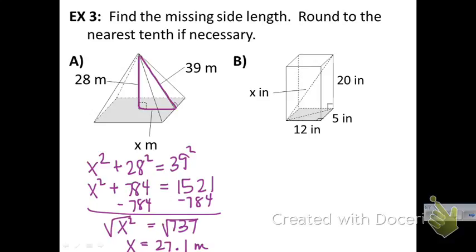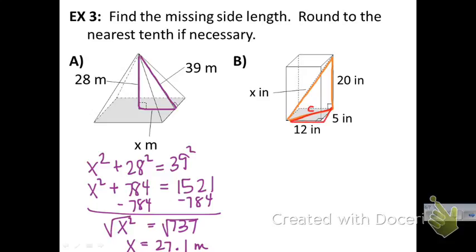Our next one's a little bit more complicated. It wants us to find X. Now if you look, we have a rectangular prism, and it wants to know X, but we also don't know what this length is right there. So we're going to actually use the smaller triangle to find that.